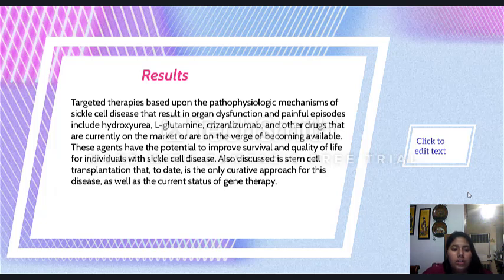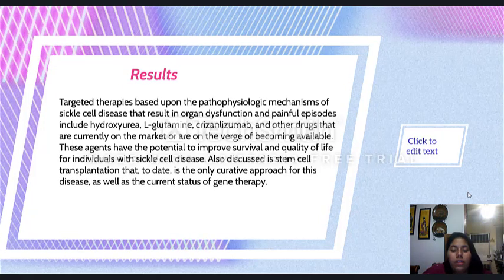These agents have the potential to improve survival and quality of life for individuals with sickle cell disease. Also discussed is stem cell transplantation, which to date is the only curative approach for this disease, as well as the current status of gene therapy.